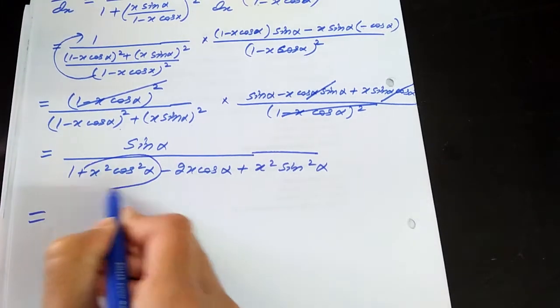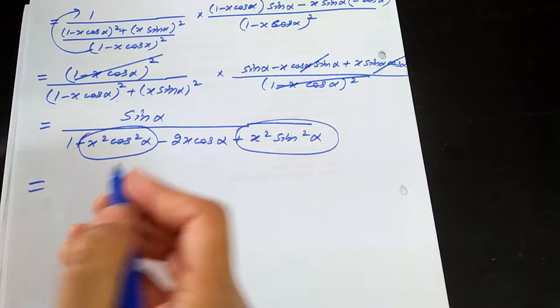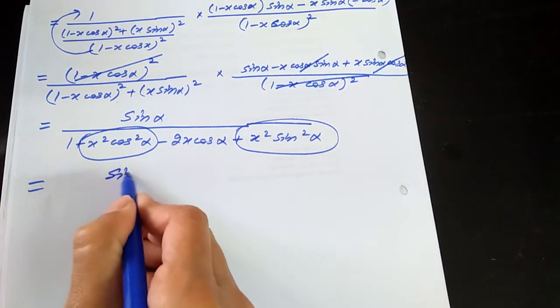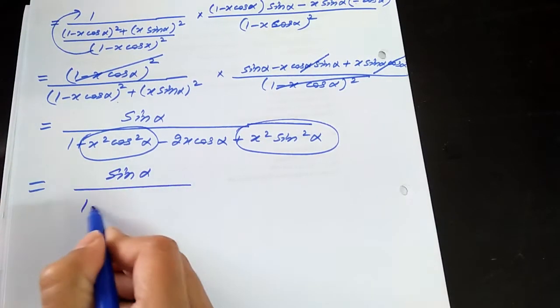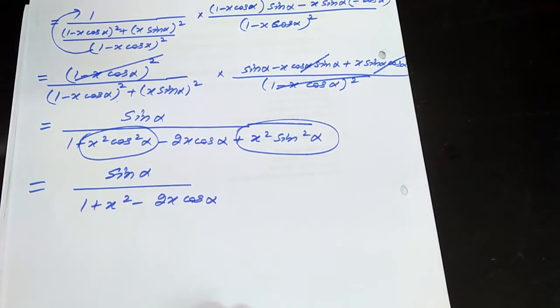You know that cos square of alpha plus sine square of alpha is equal to 1. So I will get sine of alpha over 1 plus x square minus 2x cos of alpha. So this is the answer for my question number 7.